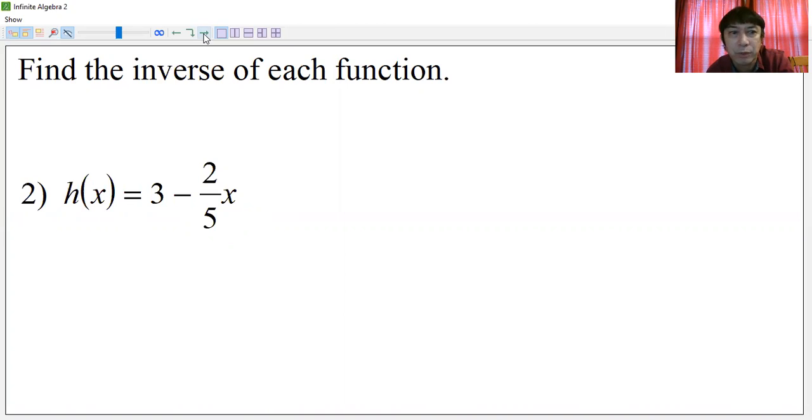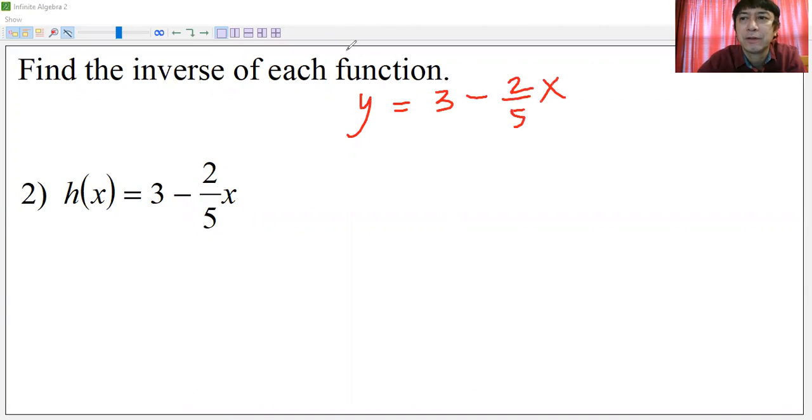So h of x will be replaced with a y, so we use y, and this is equal to 3 minus 2/5 x. The first step is to swap the letters. Y becomes x, and then we have 3 minus 2/5 y.